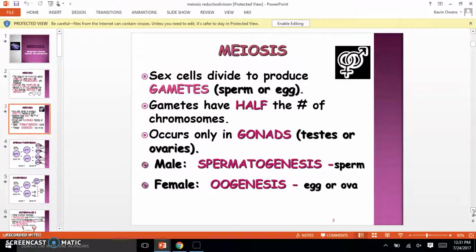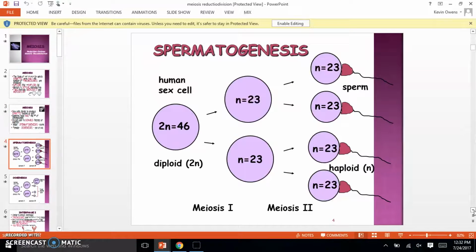Occurs only in your gonads, testes, or ovaries, and in the male it's called spermatogenesis, and in the female it's oogenesis, which means egg or ova. Spermatogenesis, you see it starts with a 46 chromosome cell, 2N. It splits into 2 in meiosis 1.